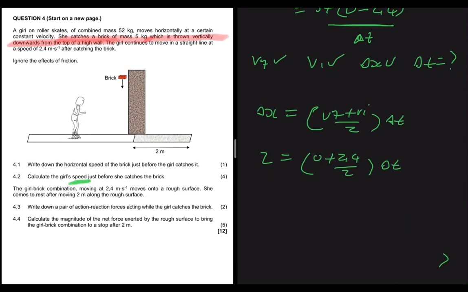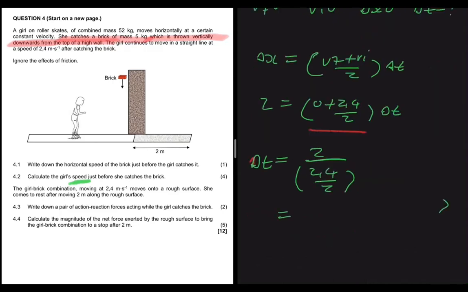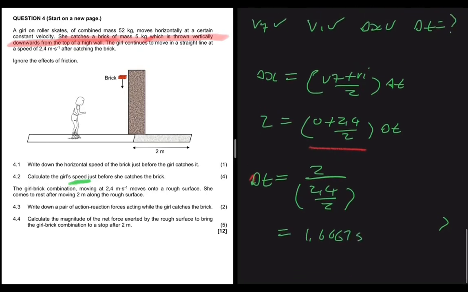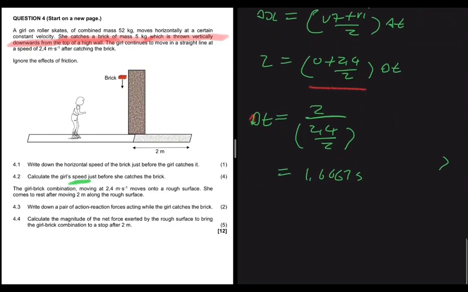We divide both sides by the coefficient of delta t, so delta t is going to be equal to 2 divided by 2.4 divided by 2. So our delta t is 1.6667 seconds.